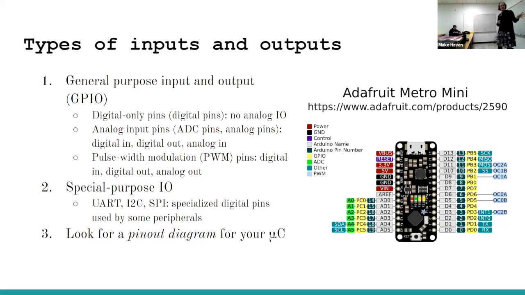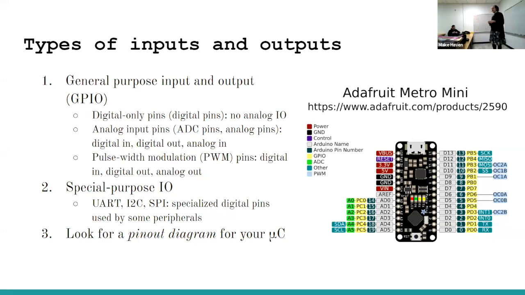The most common kinds of GPIO things that you will see are digital pins, which means they're digital only. They can't receive an analog signal and do anything useful with it, and they can't output a useful analog signal. You'd use those for something like a switch that can be on and off. That would be a good thing to read with a digital pin.